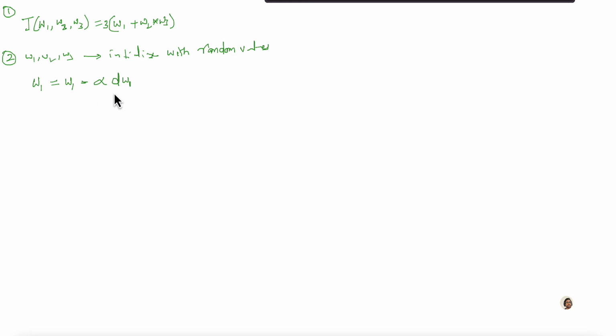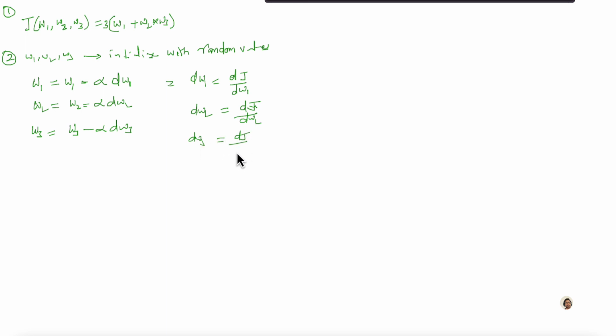So w1 becomes w1 minus alpha dw1, where dw1 is dJ by dw1. This is a gradient. The same thing we do for w2: w2 minus alpha dw2, where dw2 is dJ by dw2, and dw3 is equal to dJ by dw3.